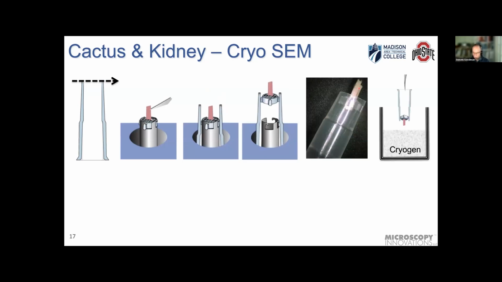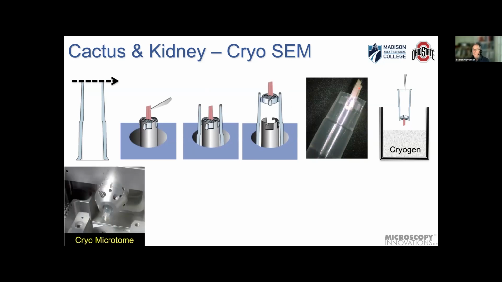And this was then immersed into a cryogen. The cryogen, if I recall correctly, was liquid nitrogen slush. It may not be the most rapid freezing, but sufficient for this particular application. And then the wet specimen, because this was all done with the wet sample, was then clamped directly into the cryomicrotome.